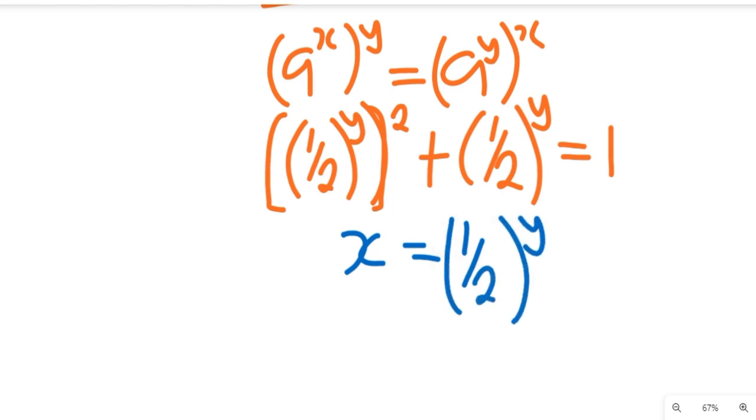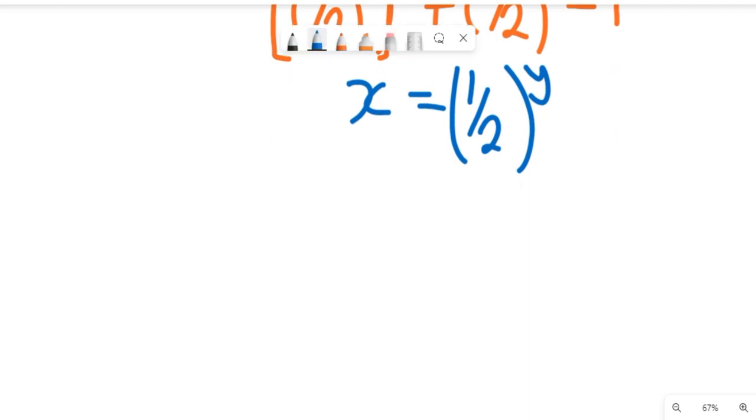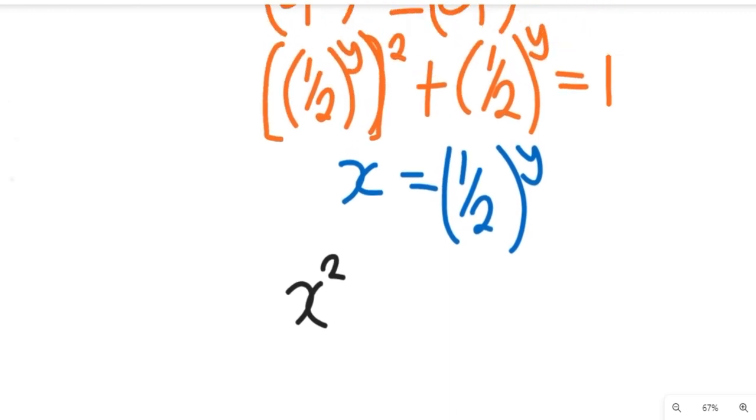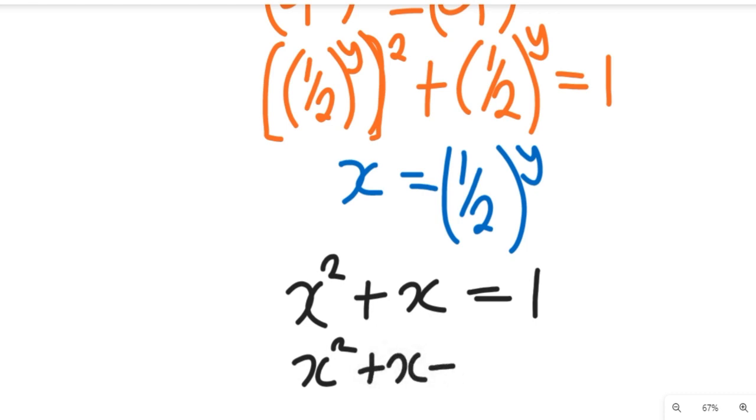If we do that, we're going to have our equation finally become x squared plus x equal to 1, and that will give us x squared plus x minus 1 equal to 0.